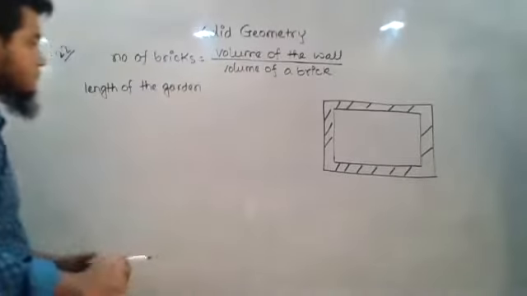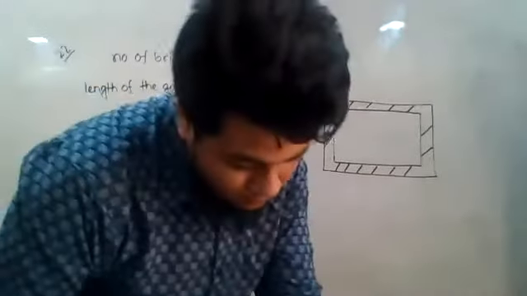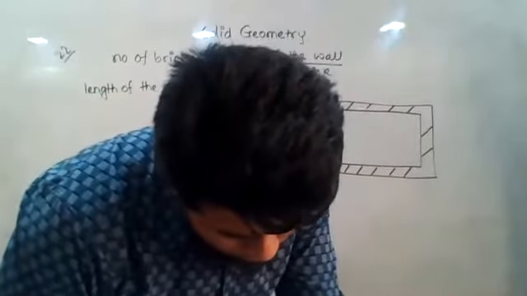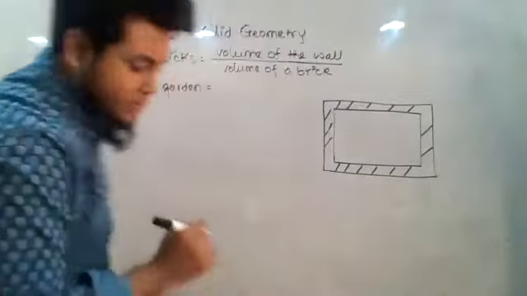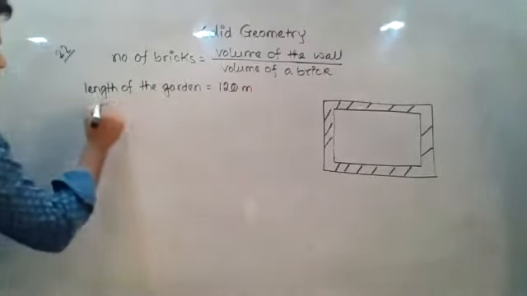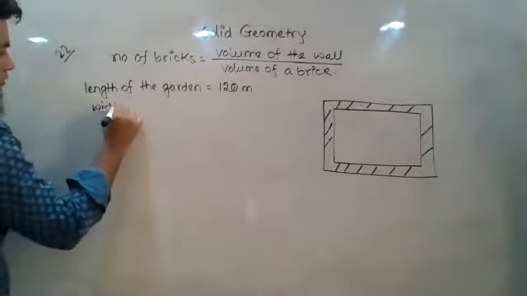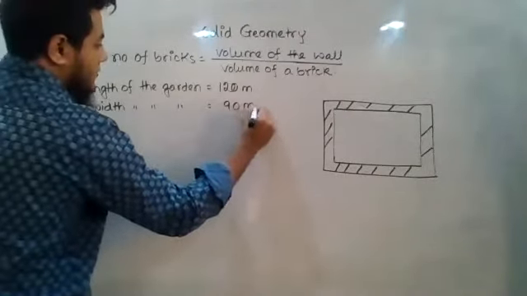Okay, the length of the garden is given as how much? 120 meter and width 90 meter.